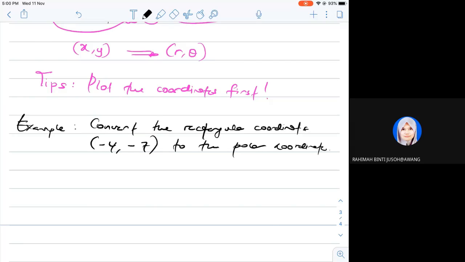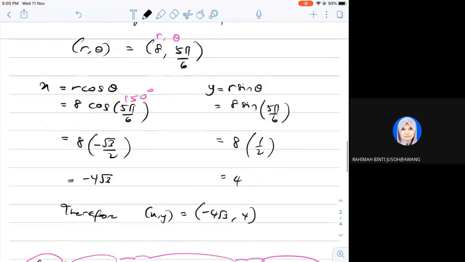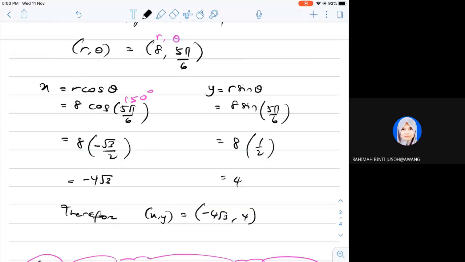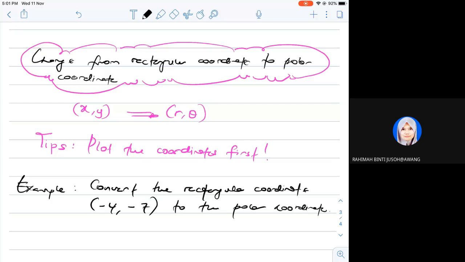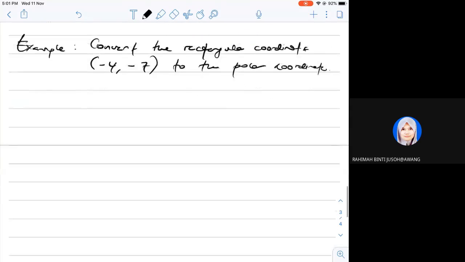Okay, guys. Previously, we just substituted the values inside the formula straight away. No need for you to sketch or plot the coordinate. However, for the second case, changing from rectangular coordinate to polar coordinate, it's better for you to plot the coordinate first. Why? I will explain here.